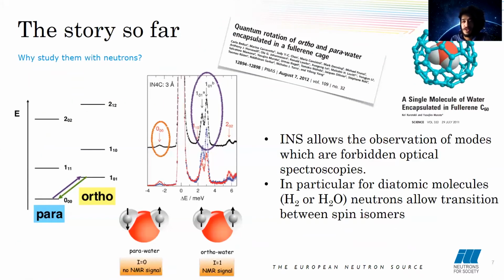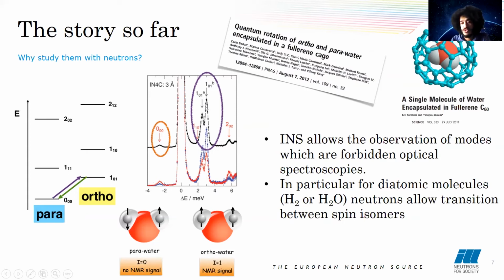Okay, so before getting into my project, I want to talk about why one would use neutrons to study these systems. Well, one example is the case of water molecules trapped inside C60, where the use of neutrons can induce a change in the nuclear spin of the hydrogen atoms, which means that one can see a rotational transition from a para state of the water molecule to an ortho state of the water molecule.